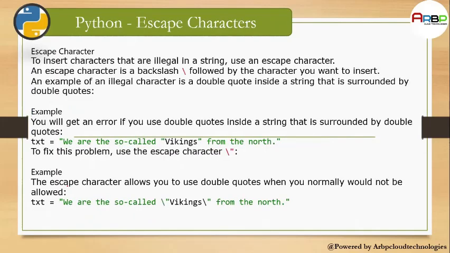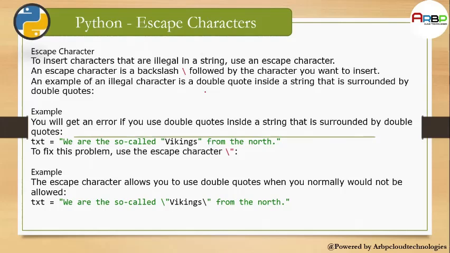Next is the escape character. This character is used to insert characters that are illegal in a string. An escape character is a backslash followed by the character you want to insert. An example of an illegal character is a double quote inside a string that is surrounded by double quotes.